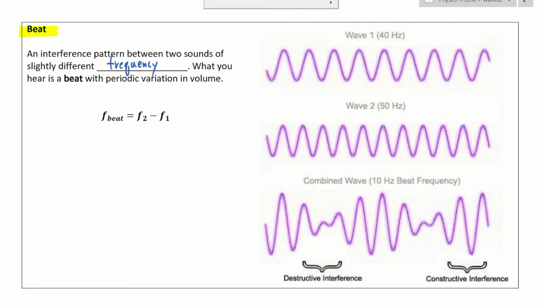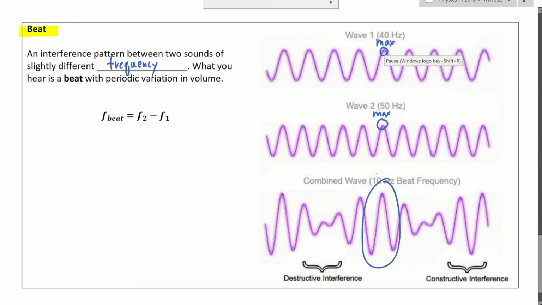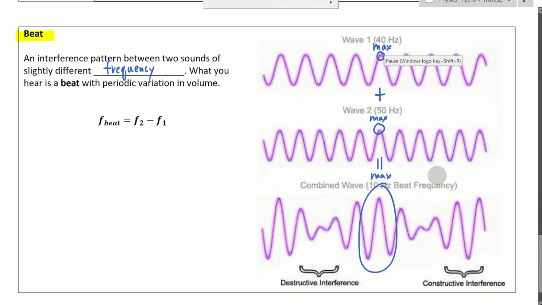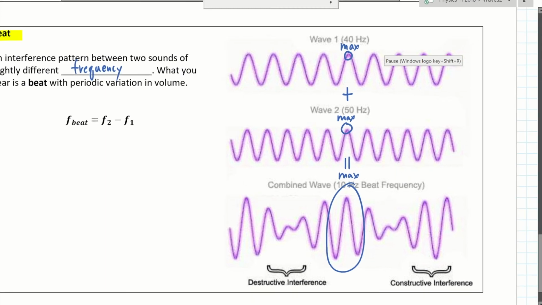Waves can reinforce each other if the crest of one lines up with the crest of the other. In this case, they reinforce each other because the crest of one wave meets the crest of another wave, and you create a super maximum mixture. So this is wave 1 plus wave 2. Wave 1, for example, could be the sound wave coming out of one speaker, and wave 2 the sound wave coming out of another speaker.